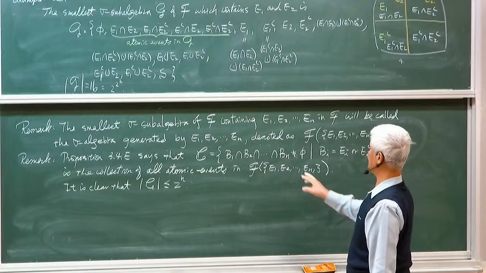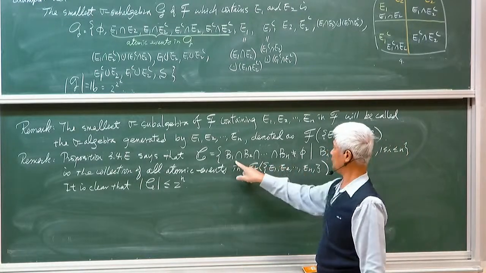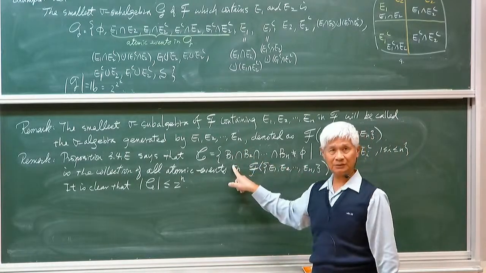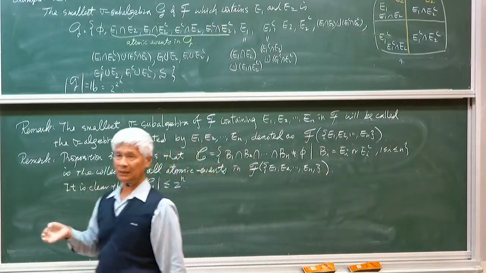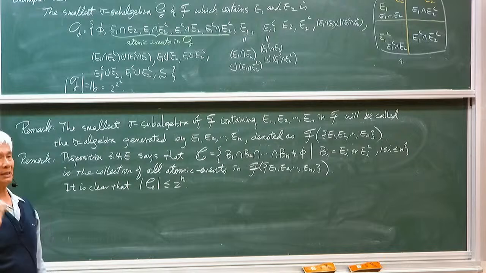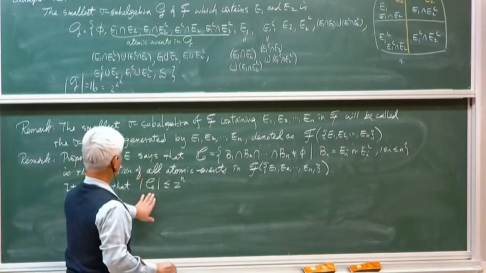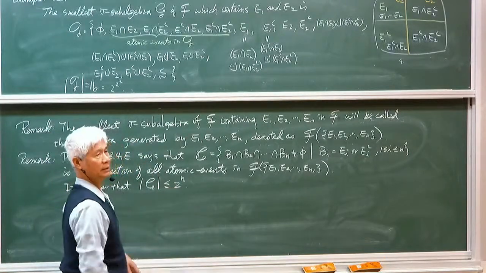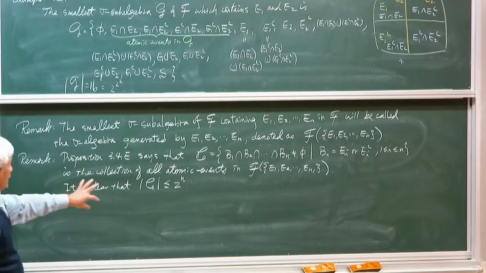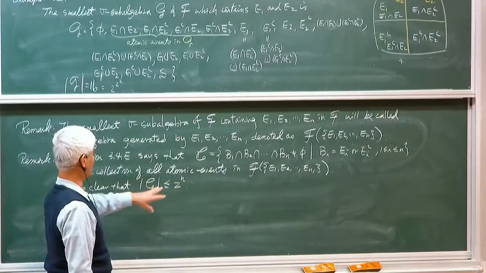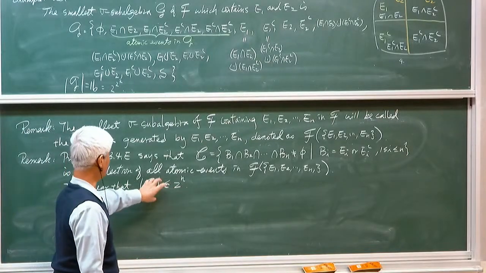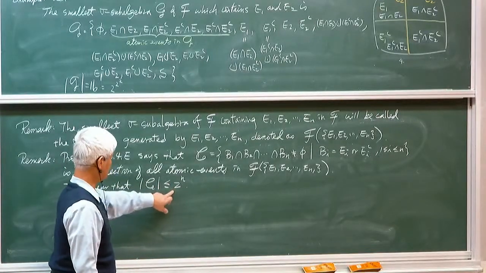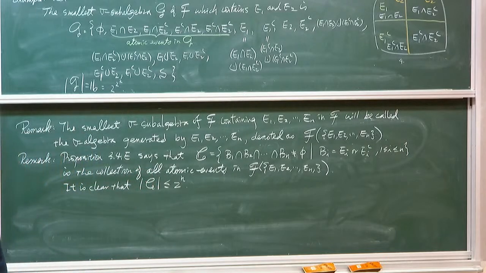So here we have 2 to the nth power such intersections, but some of them will become the empty set, so we have to exclude these empty sets. At most we have 2 to the nth power, maybe some amount less than 2 to the nth power. But 2 to the nth power is still a big one.